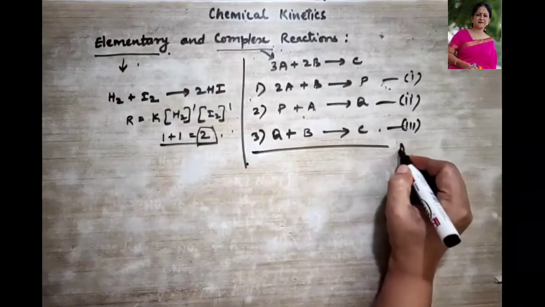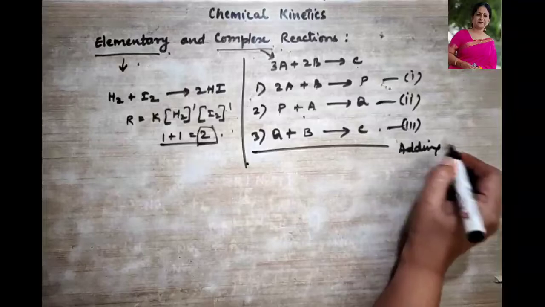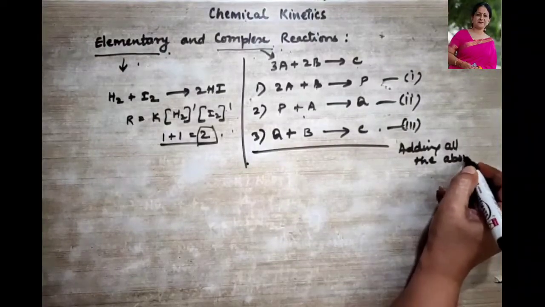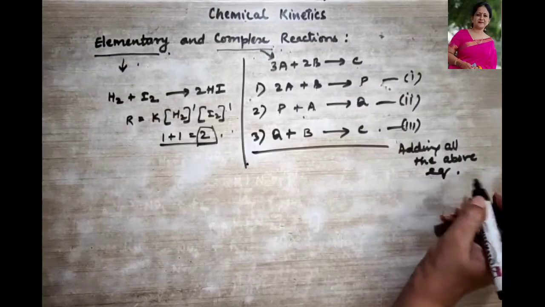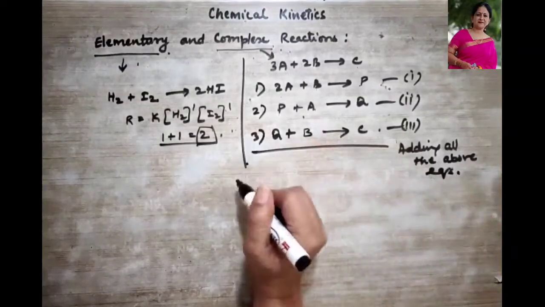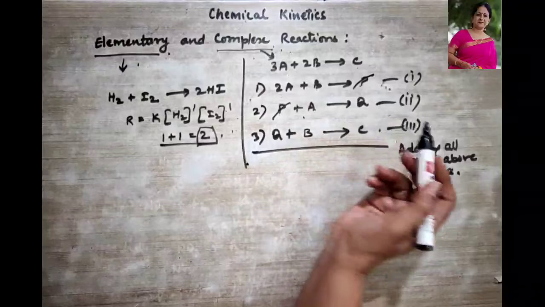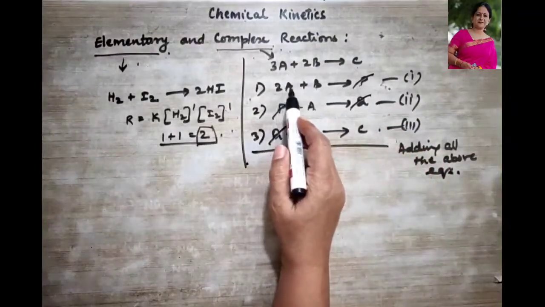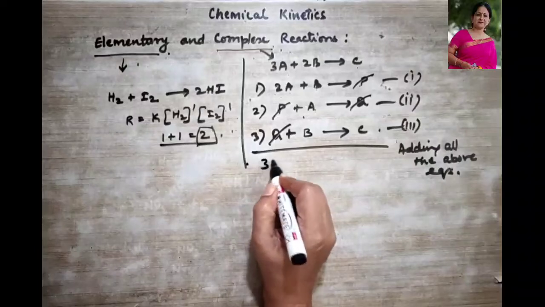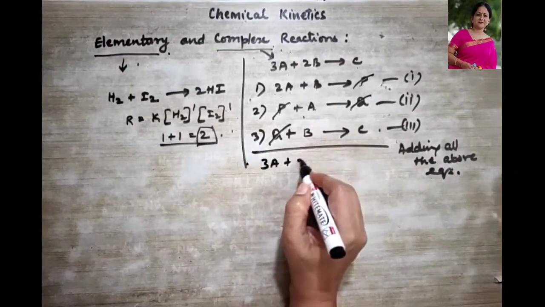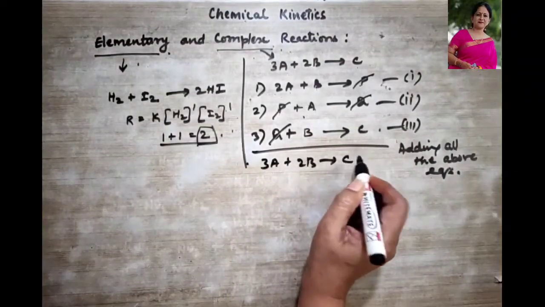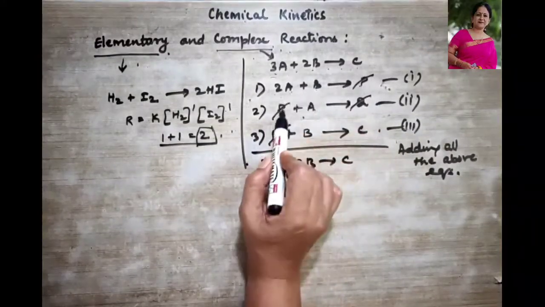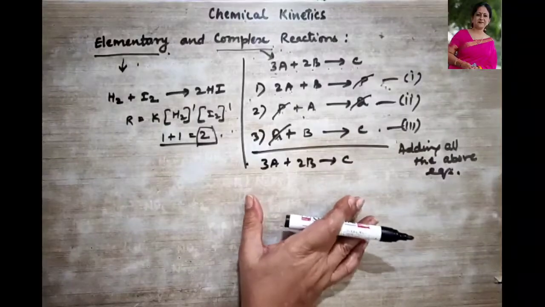Adding all the above equations, what are you going to see? P gets cancelled, Q gets cancelled. What do you get? 2A plus A, 3A plus 2B gives us C. This is what is written over here. But this particular equation took place in 3 different steps.